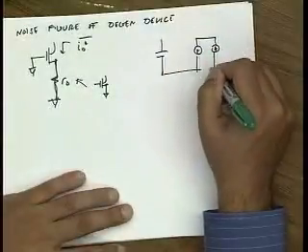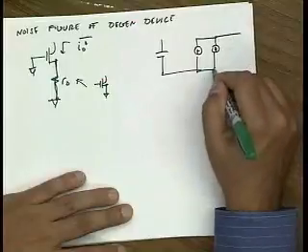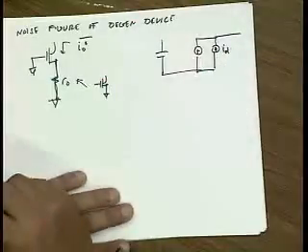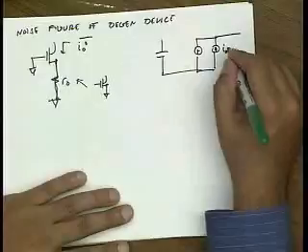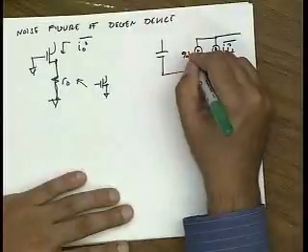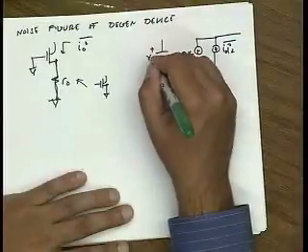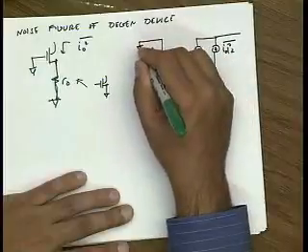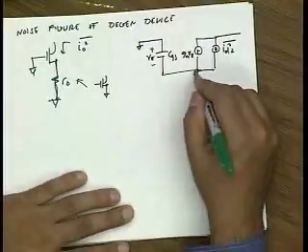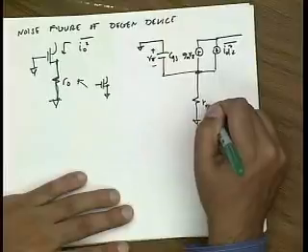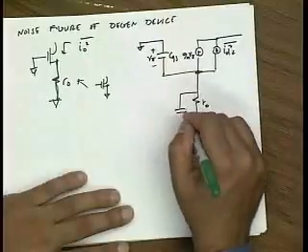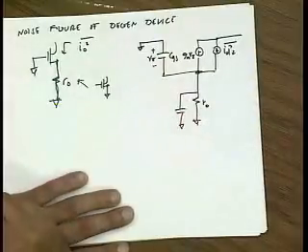We can very quickly analyze this problem because we've already seen it. This is the drain noise of the second device. This is I drain 2. This is GM V pi. This is V pi again. CGS. The gate is grounded, and I have a very large resistor here, RO. And in reality, I also have some cap. Okay.